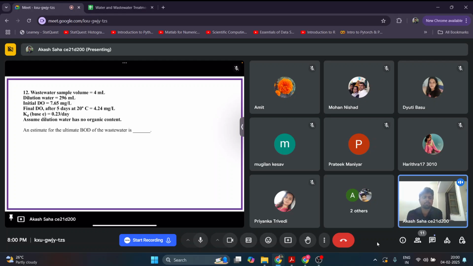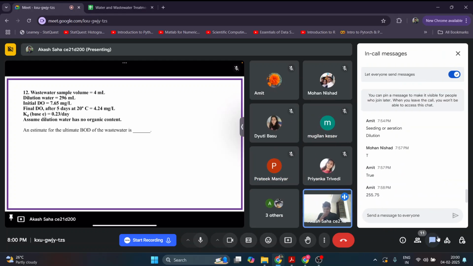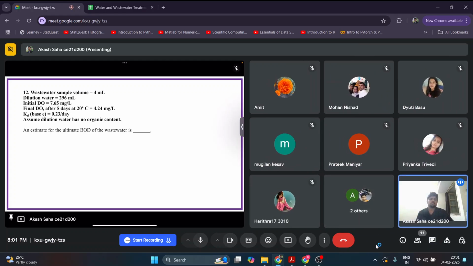Please calculate using one direct formula only. Everything is given. Any answer?